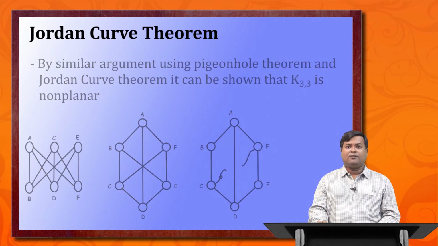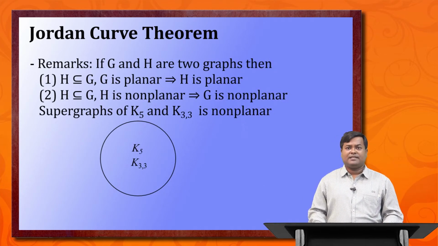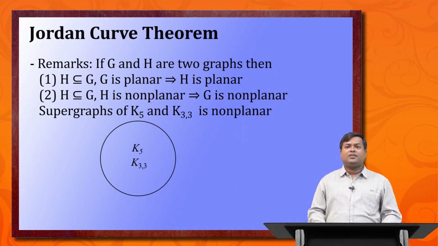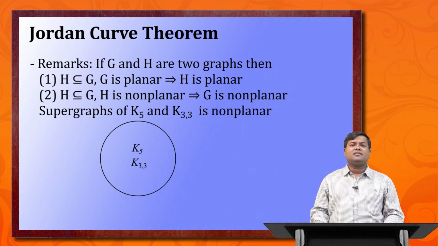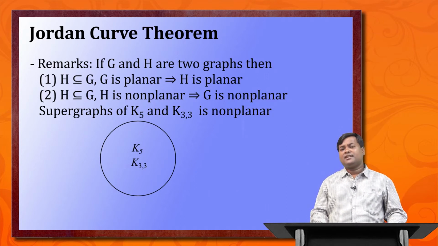Okay. So now we have a few remarks based on our previous analysis. If G and H are 2 different graphs, and let's assume H is a subgraph of G, and if G is a planar graph, then that implies H is also planar. This reasoning is very obvious.